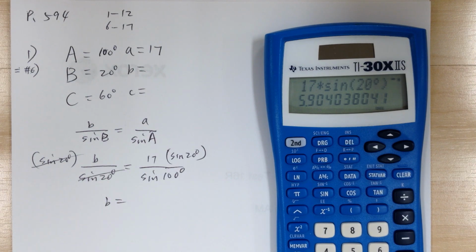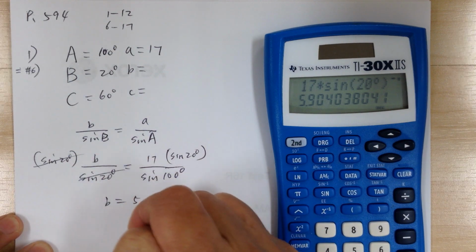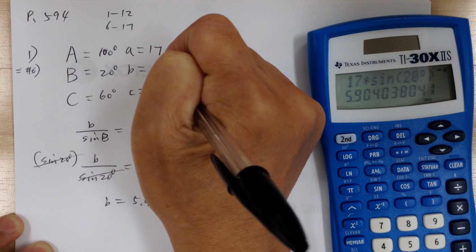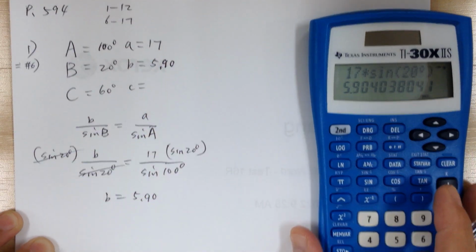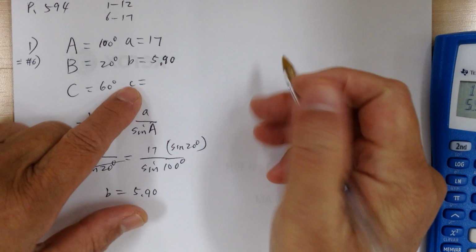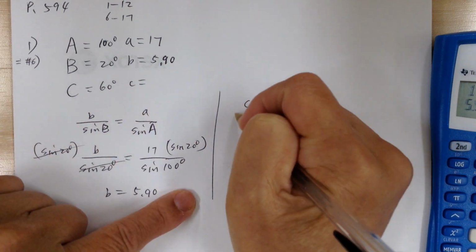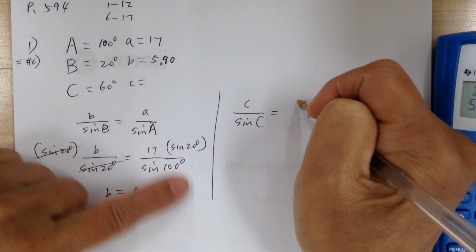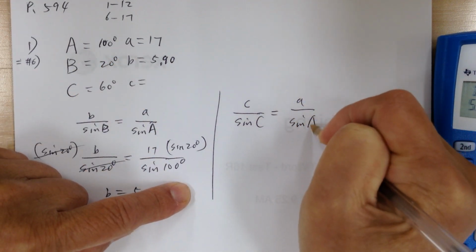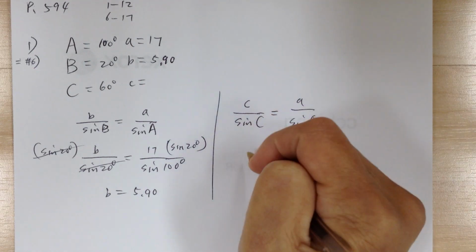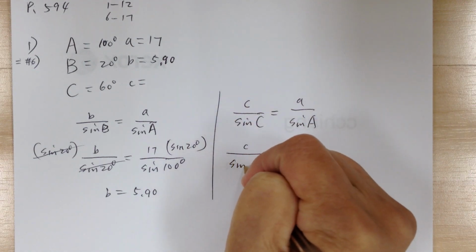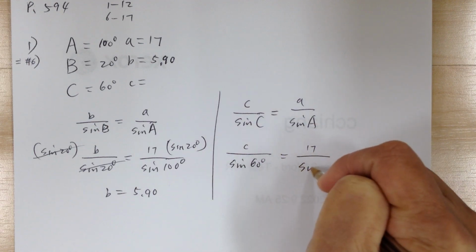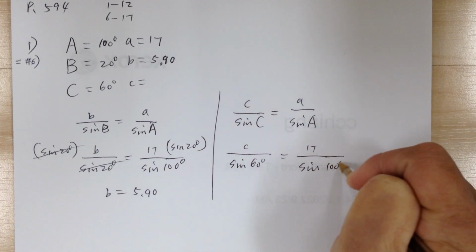Let's carry extra digits, so 5.90. Let's put that over here. Now to get C, use C over sine C equals A over sine A. Substitute all the numbers in: C over sine of 60 degrees equals 17 over sine of 100 degrees.